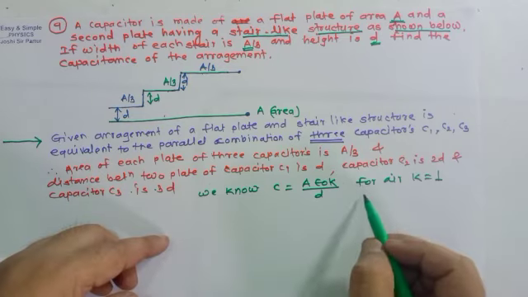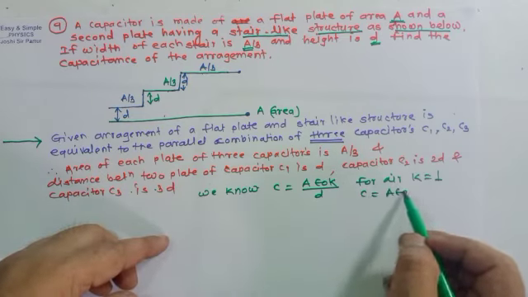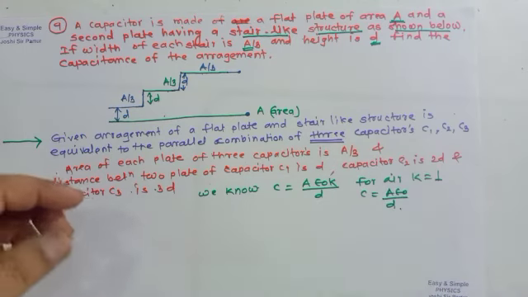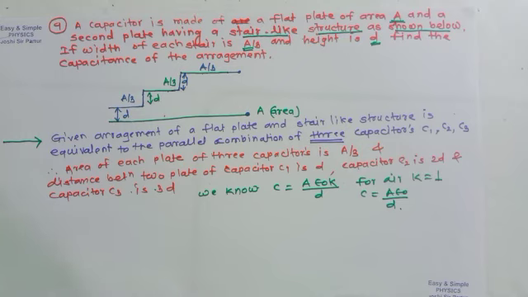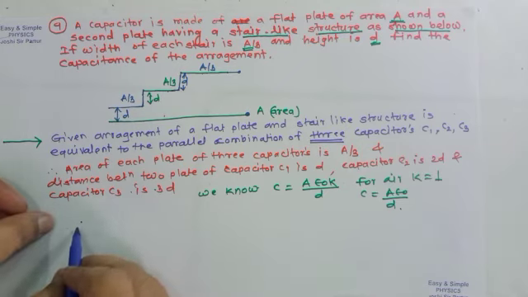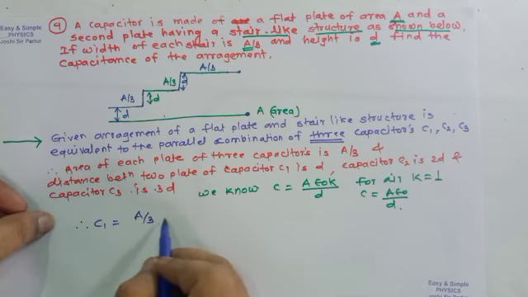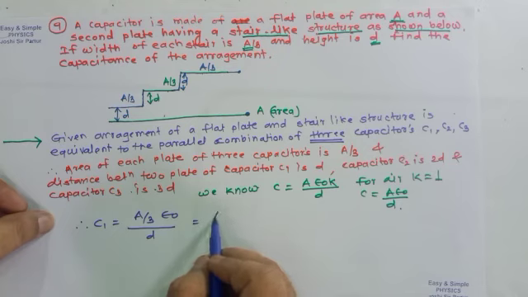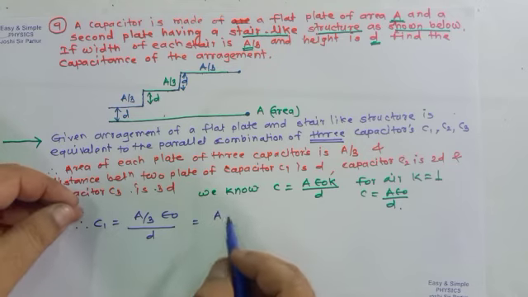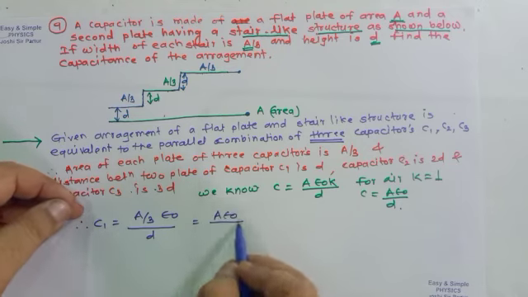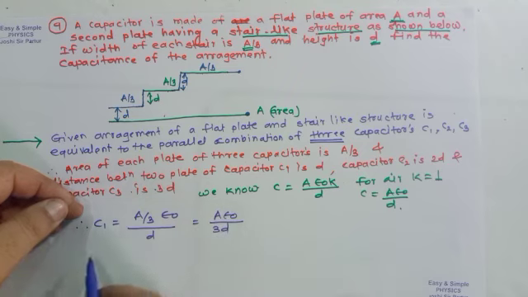Therefore, C equal to A epsilon 0 upon D. For the first capacity C1, therefore C1 is equal to A upon 3 epsilon 0 upon D, that is A epsilon 0 upon 3D.